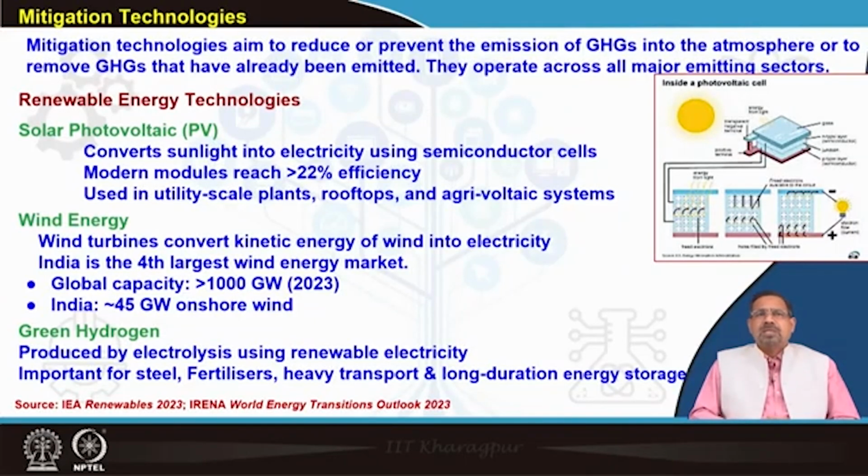As we know, PVs convert sunlight or solar light into electricity using semiconductor cells. These are very modern modules. They reach up to 22% efficiency level, and the photovoltaic cells are used for utility scale plants, over the rooftops, and also in agrovoltaic systems.